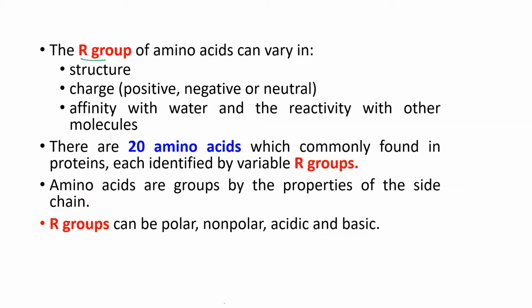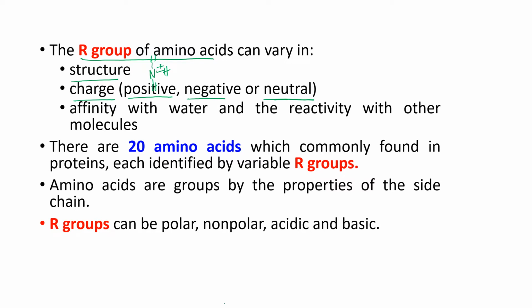The R groups of amino acids can vary in structure and charge. The R group can have positive charge, can also have negative charge, or does not have any charge, or neutral. For example, if the R group has an amino group, the amino group can accept another hydrogen ion to become positively charged.